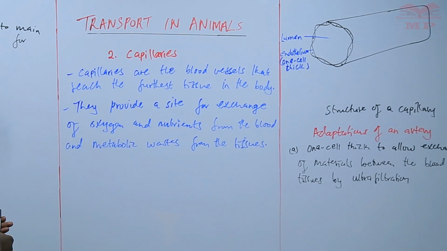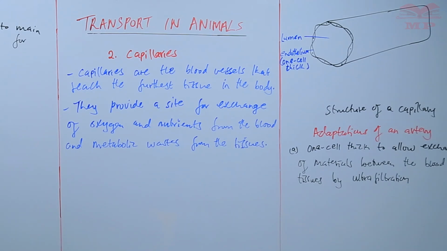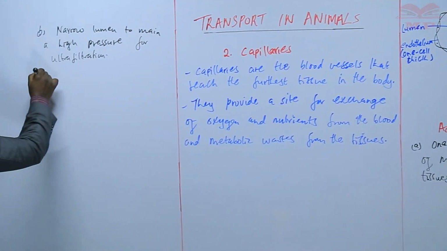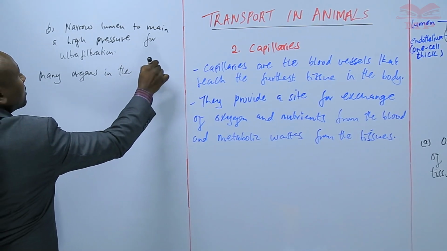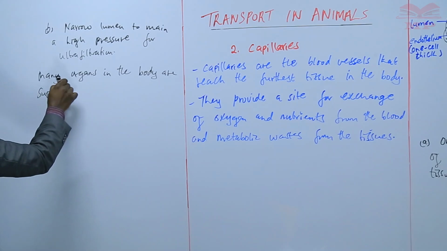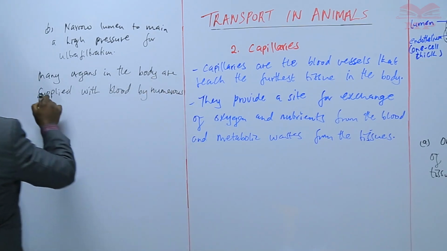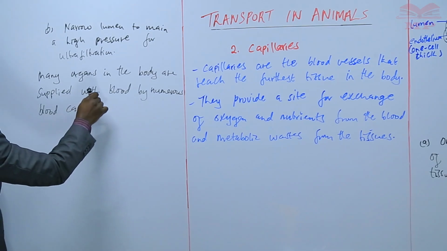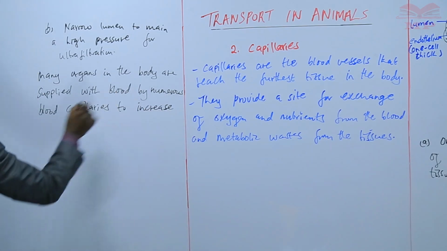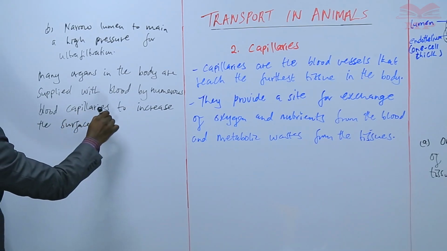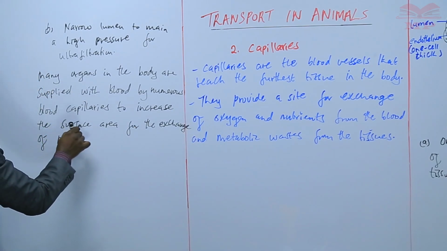And it's also good to mention that many organs in the body are supplied with blood by numerous blood capillaries, to increase the surface area for the exchange of materials that we have mentioned.